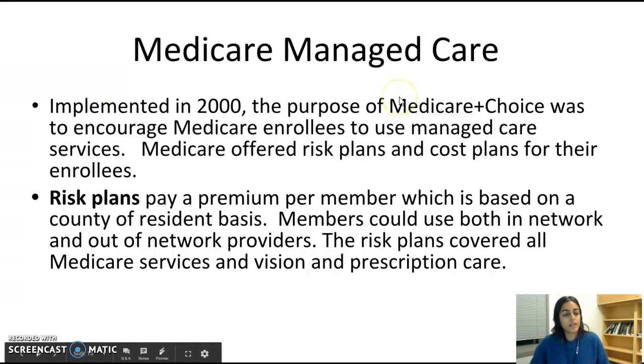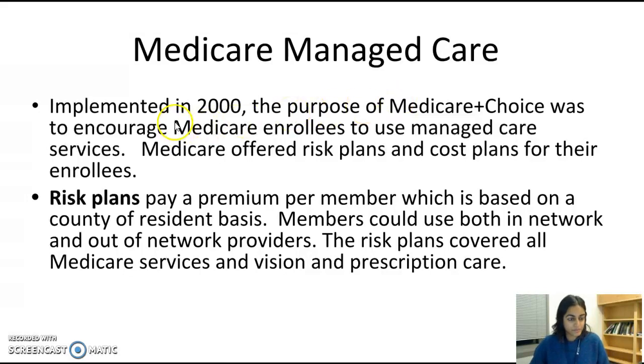So Medicare Managed Care, Medicare Part C, implemented in 2000. The purpose of Medicare Plus Choice was to encourage Medicare enrollees to use managed care services. Medicare offered risk plans and cost plans for their enrollees. Risk plans pay a premium per member, which is based on a county of residence basis. Members could use both in-network and out-of-network providers.